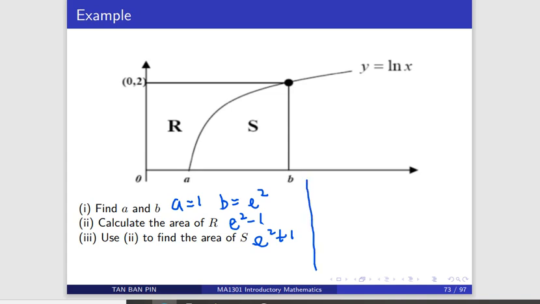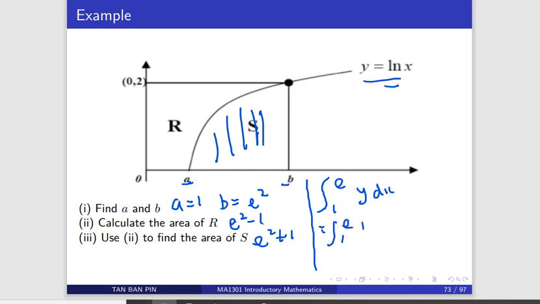If you try to find area S directly, using integration about the x-axis, you should be integrating from a to b, which is 1 to e squared, y dx. y is ln x. So we're integrating ln x dx from 1 to e squared.